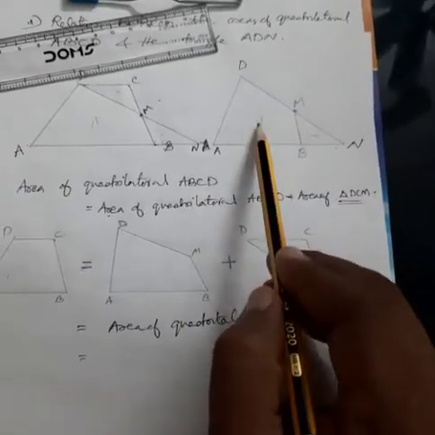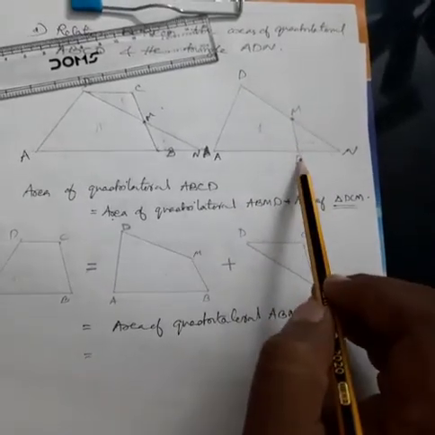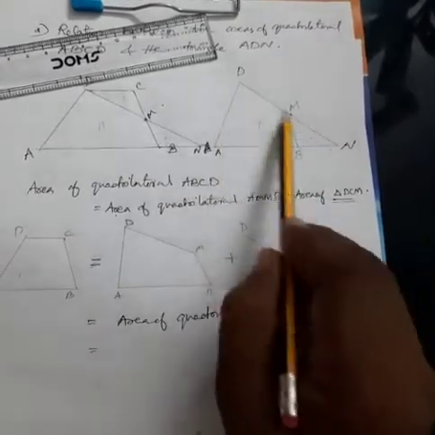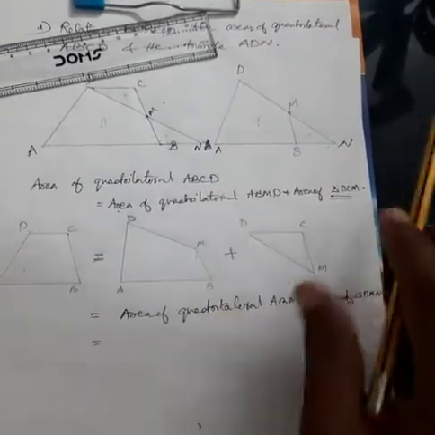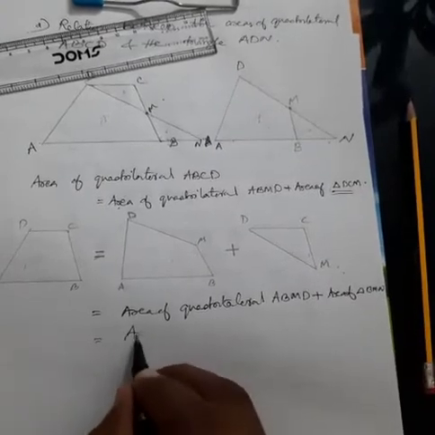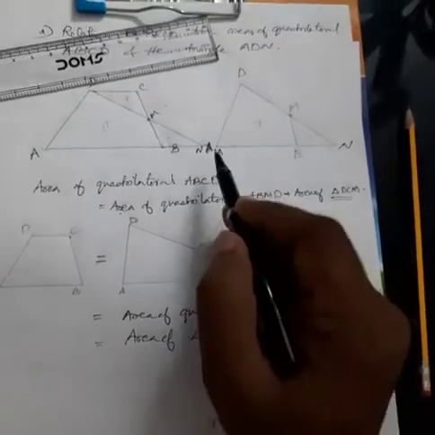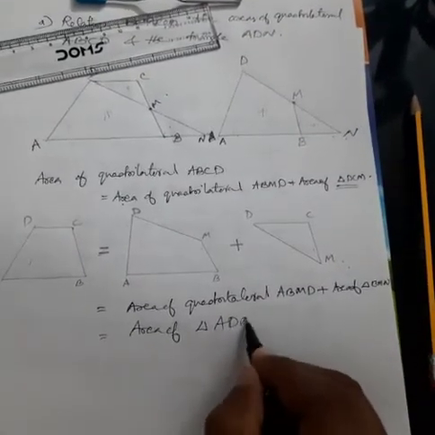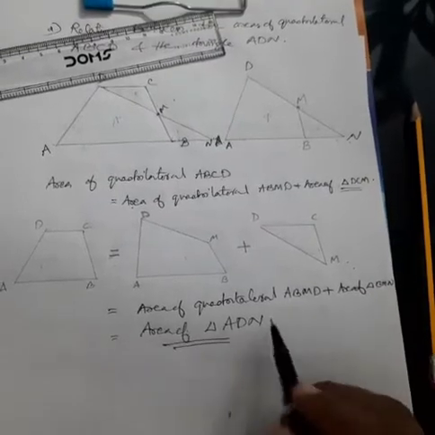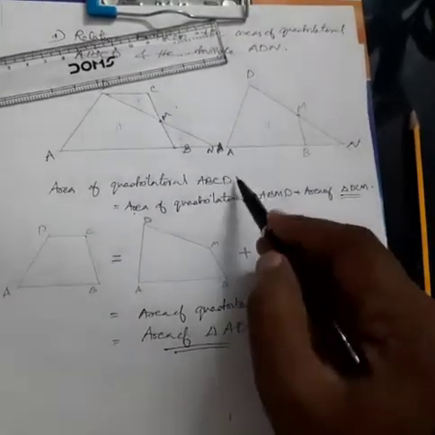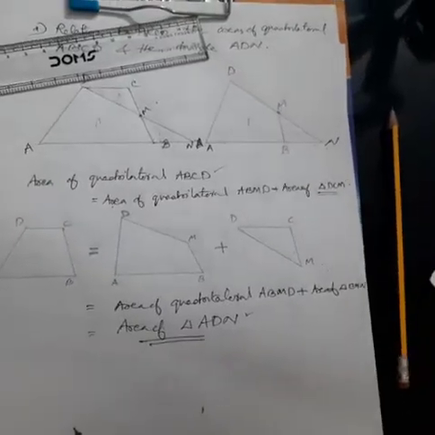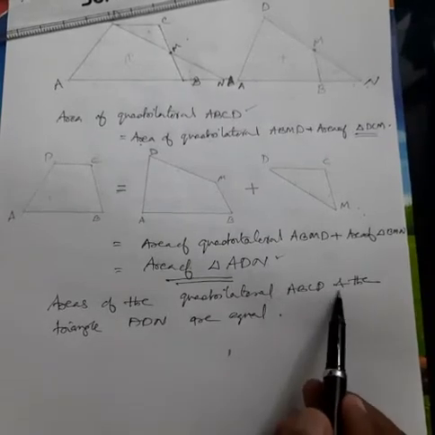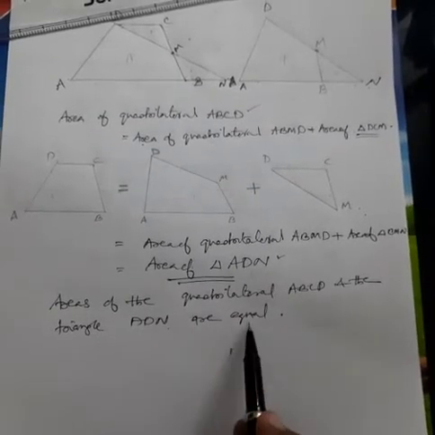So if the area of quadrilateral ABMD plus triangle BMN, you will get the total triangle, that should be equal to the area of triangle ADN. This is the relationship between triangle ADN and quadrilateral ABCD.